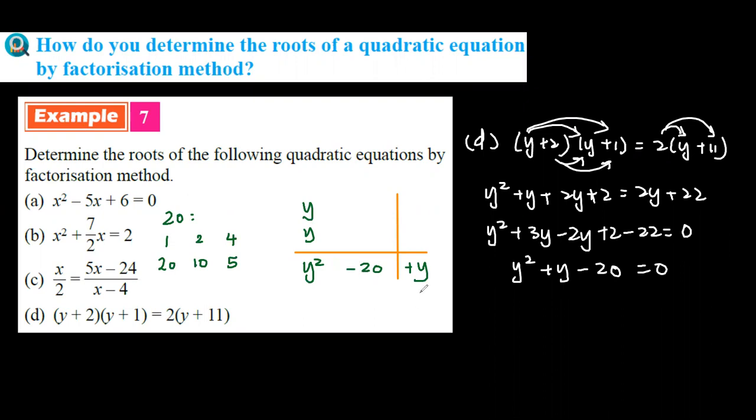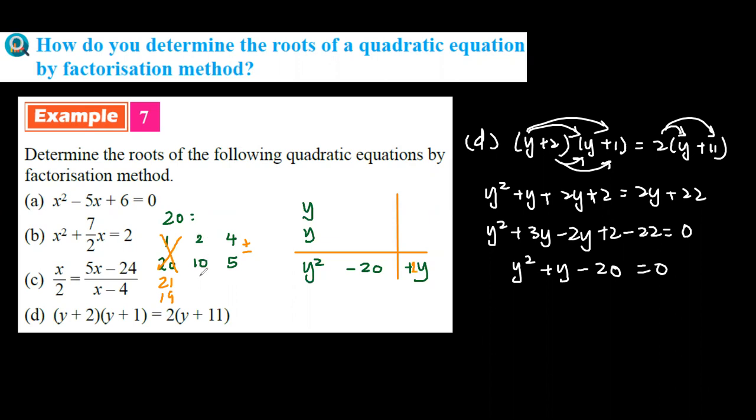Our final outcome is a positive 1. We want positive 1. So here you can use plus or minus to check which one can give you the combination of 1. After we check, you can see 20 plus 1 is 21. 20 minus 1 is 19. We don't get positive 1 here. So we reject this combination.